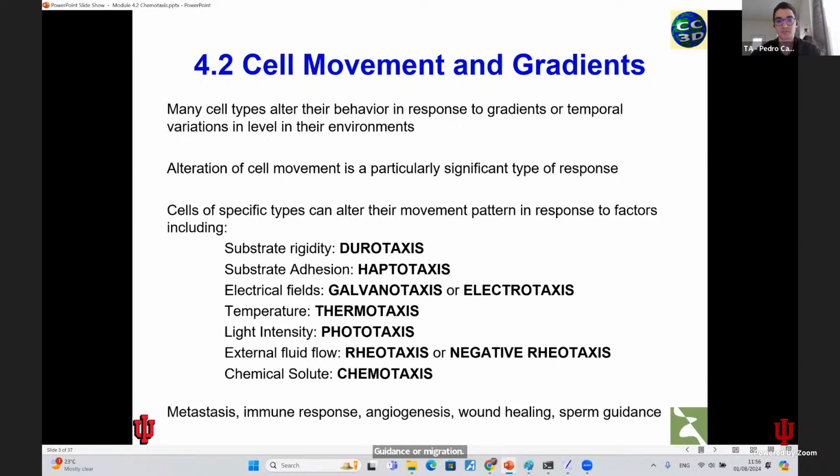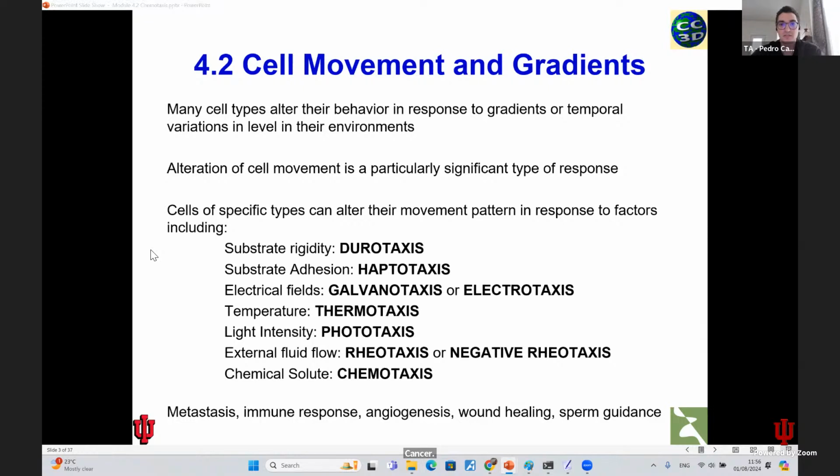In this lecture, we are going to focus on chemotaxis, which is cell migration with respect to chemical solutions, so substances that are diluted in the medium. It's important in metastasis, cancer, and immune response.